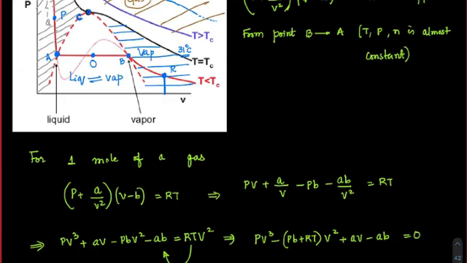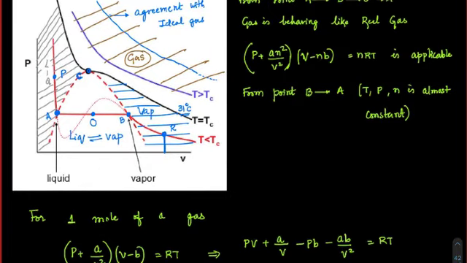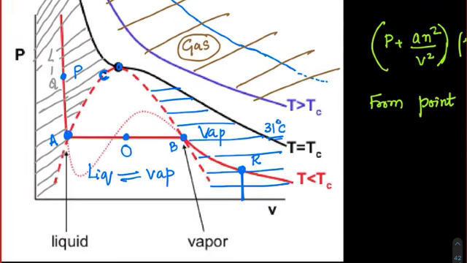Got it? But my point is, check carefully guys, suppose we keep on trying to make this point A approach towards C, and B also approaching towards C, that means it is a point at critical temperature. So at critical temperature, all the roots of the volume are becoming equal to Vc, because at critical temperature we have only one value of critical volume, and that is this one.